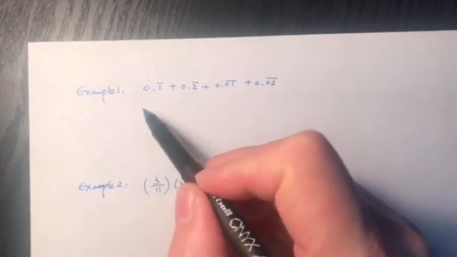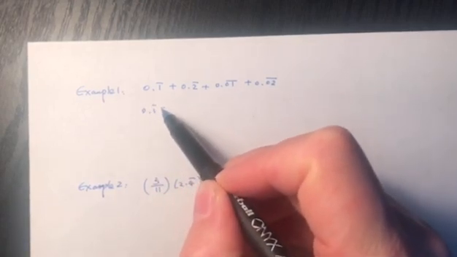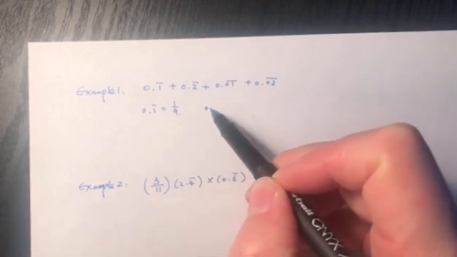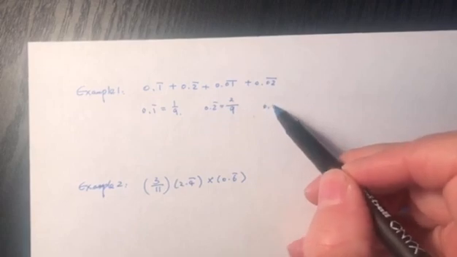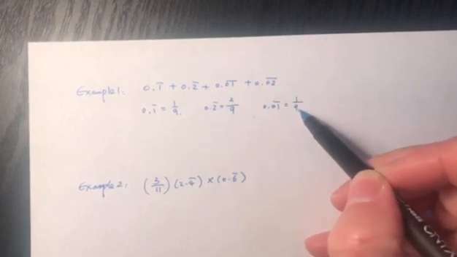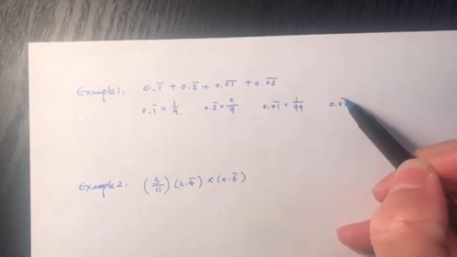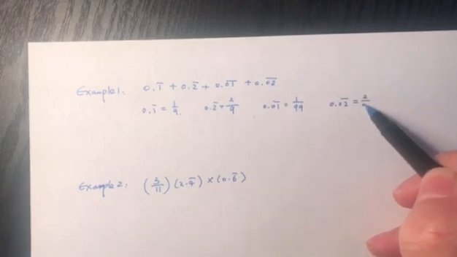0.1 recurring equals 1 over 9. 0.2 recurring is 2 over 9. 0.01 recurring is 1 over 99, and 0.02 recurring is 2 over 99.